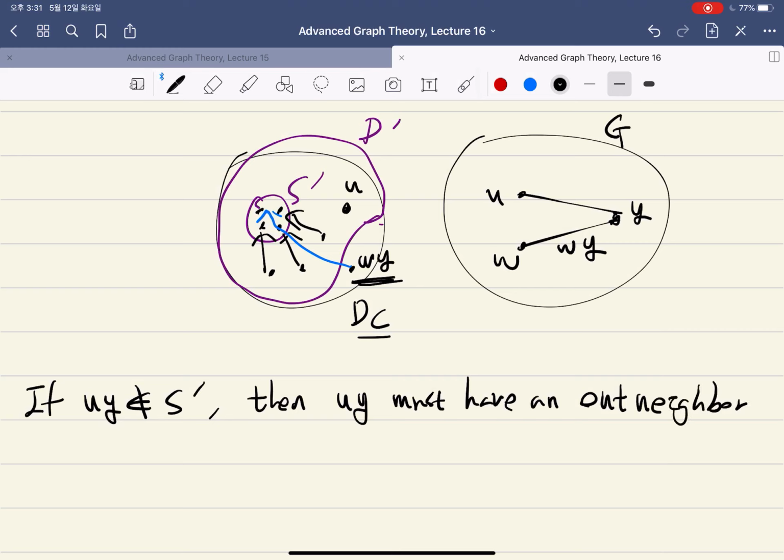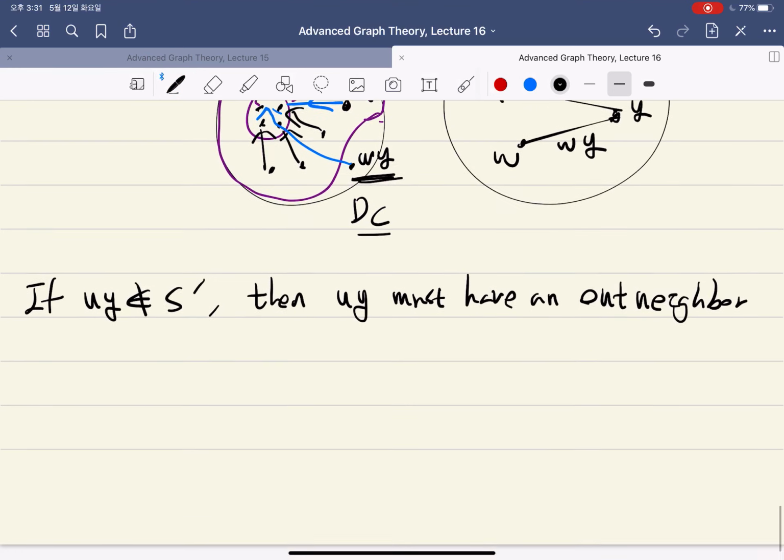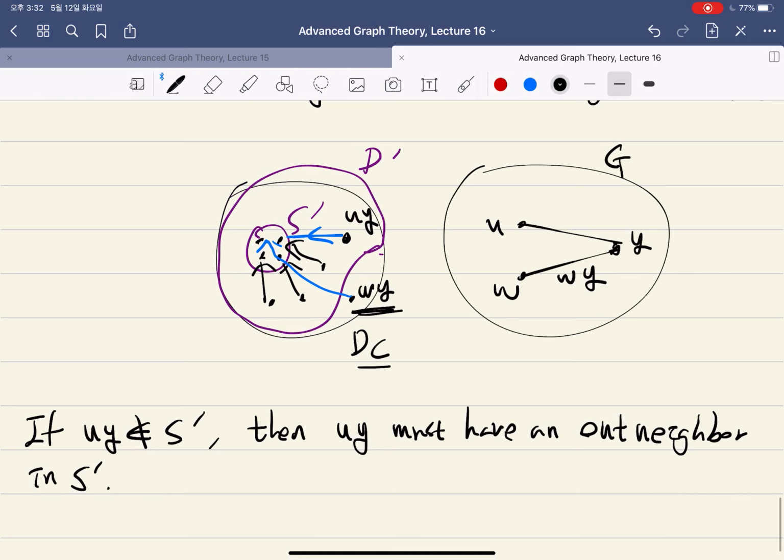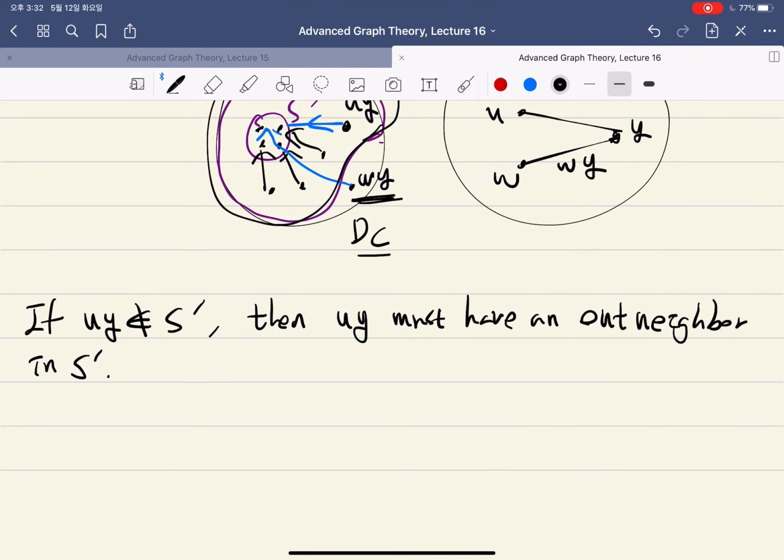So if uy is not in S, then it must have an out neighbor in S prime, right? Because S prime is a kernel in this induced subgraph. And uy is outside of the kernel, so it must have an out neighbor in S prime.